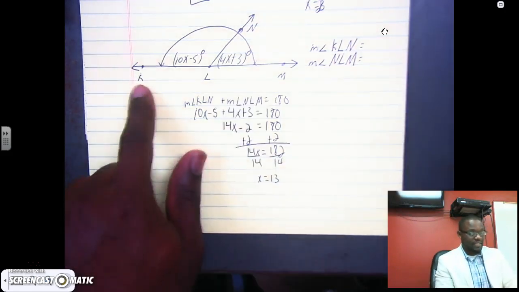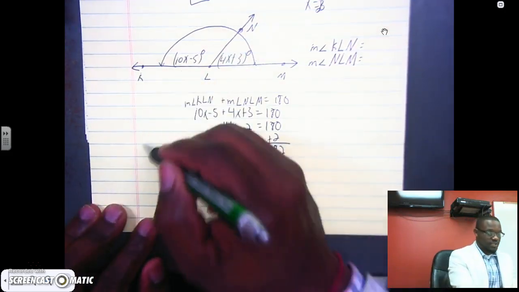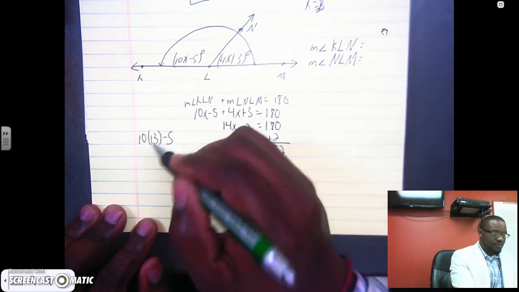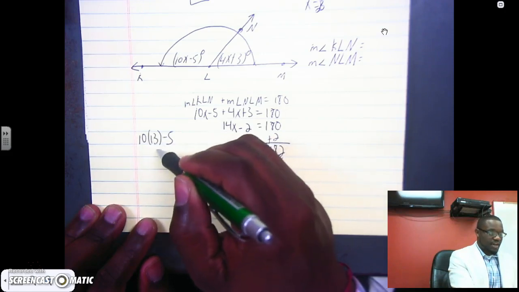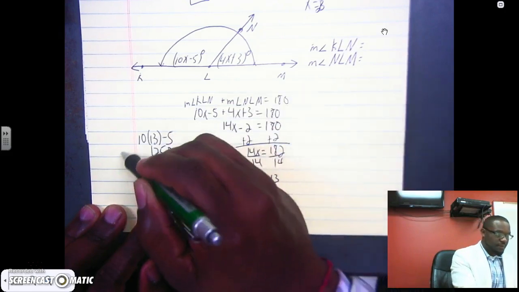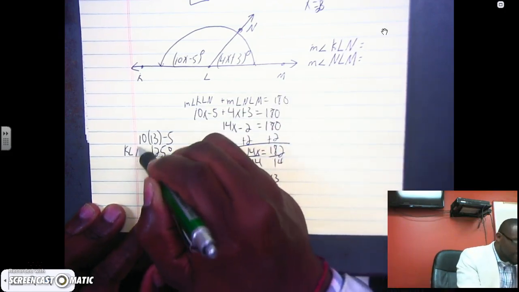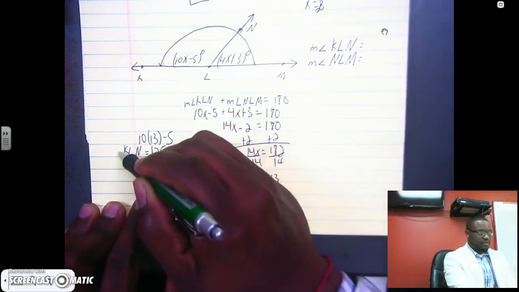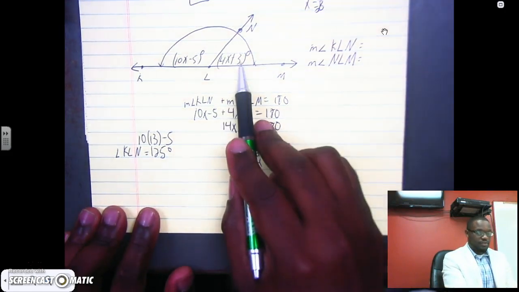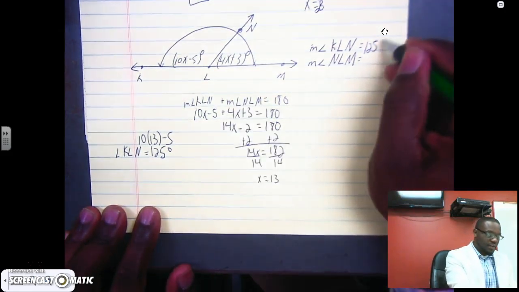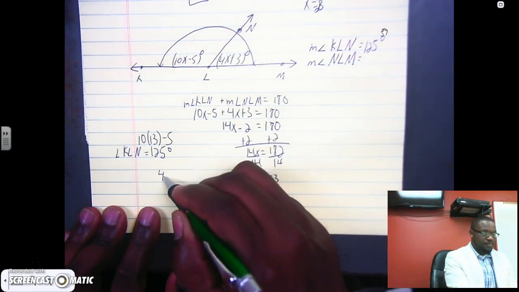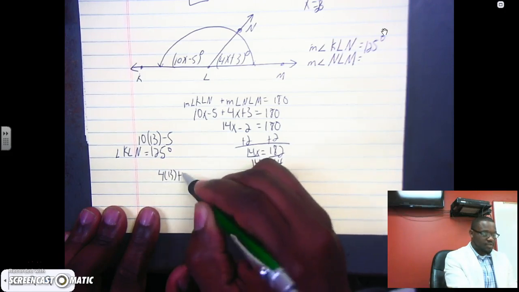So now KLN would be this angle right here. I'm going to take 10 times 13, which is my answer, minus 5. That's 130 minus 5, which is 125 degrees. And this is for KLN. Then the other one is 4x plus 3, so 4 times 13 plus 3.